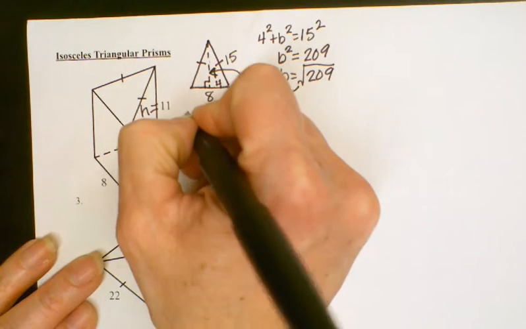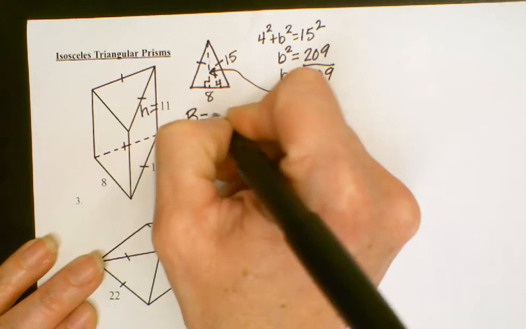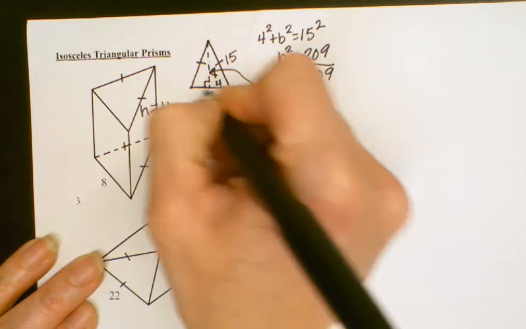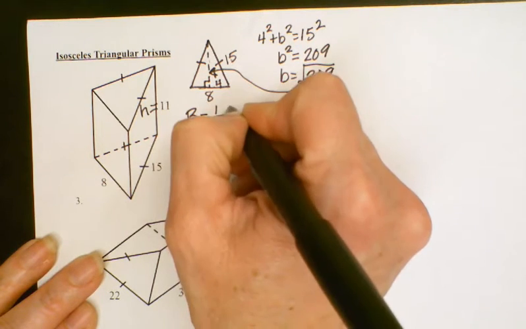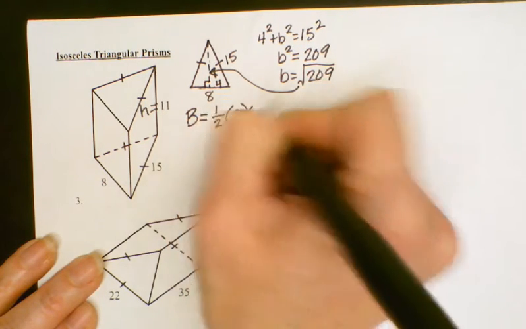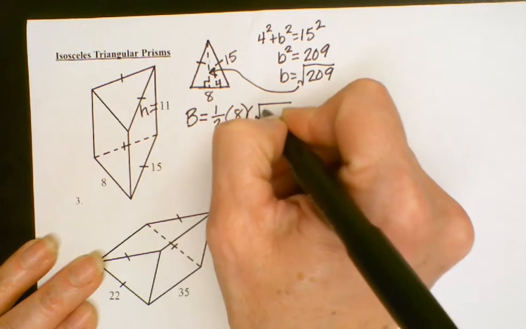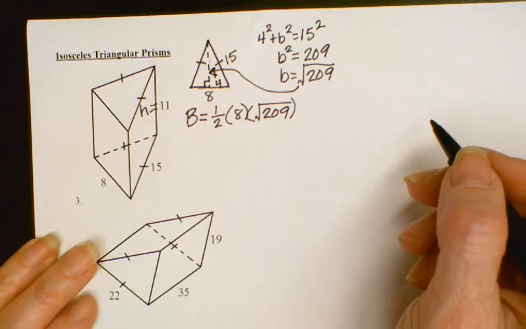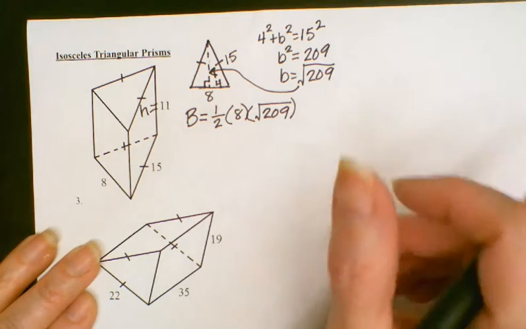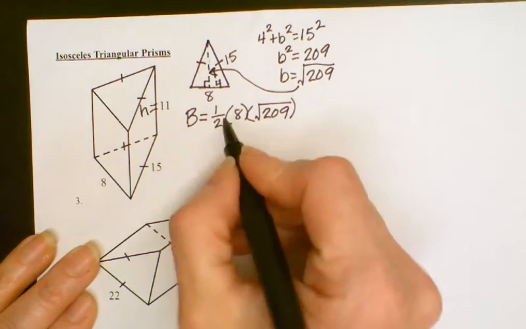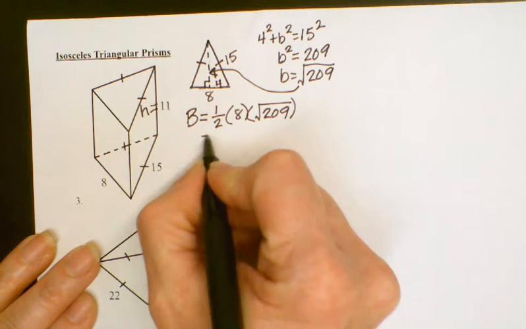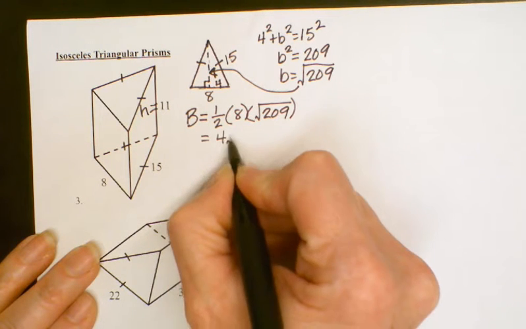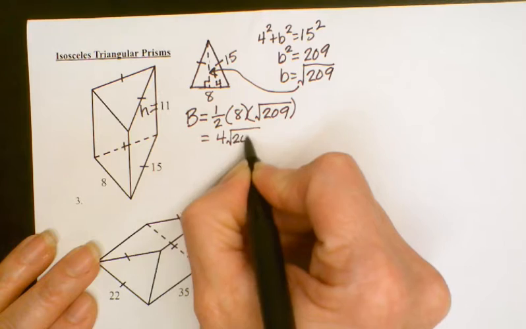So the area of that triangle, our capital B value, the area of the base, is 1/2 the length of the bottom segment, 8, times the height of that triangle, the square root of 209. It has an exact value, but it's not going to be a whole number. So in this case, 1/2 of 8 becomes 4, and the square root of 209 is still being multiplied by that 4.